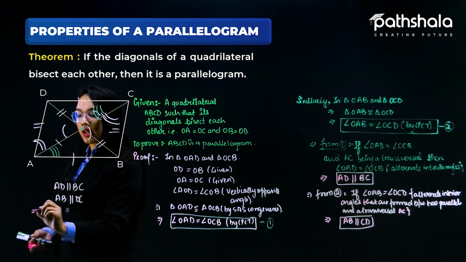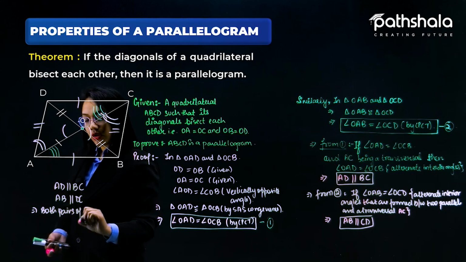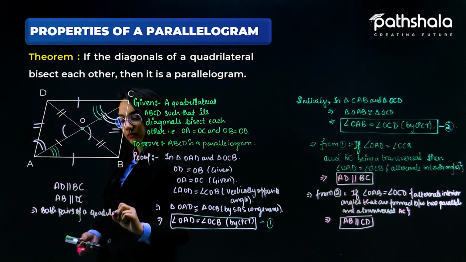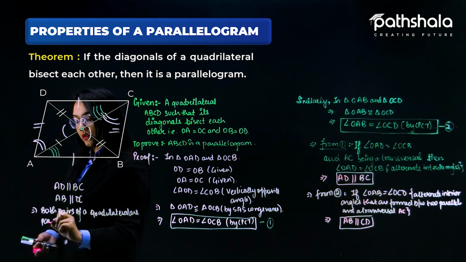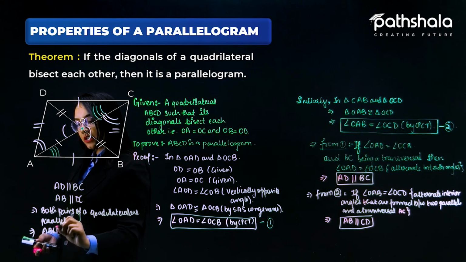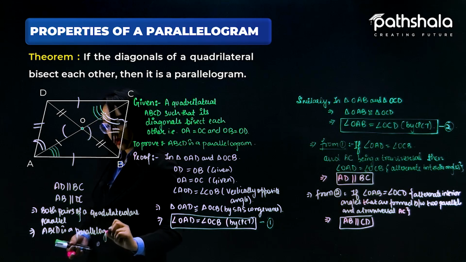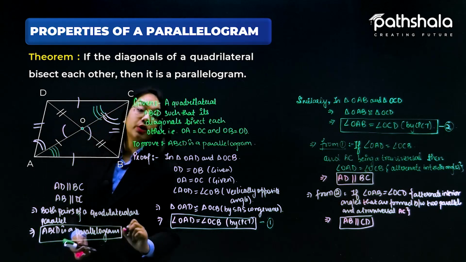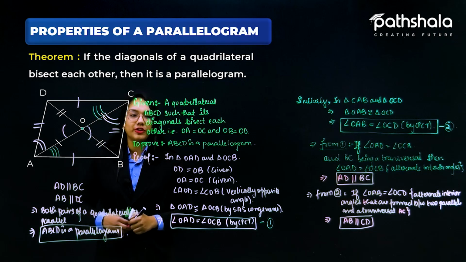It implies that both pairs of opposite sides of the quadrilateral are parallel. So ABCD is a parallelogram, because both pairs of opposite sides are parallel to each other. This is the proof of this particular theorem.